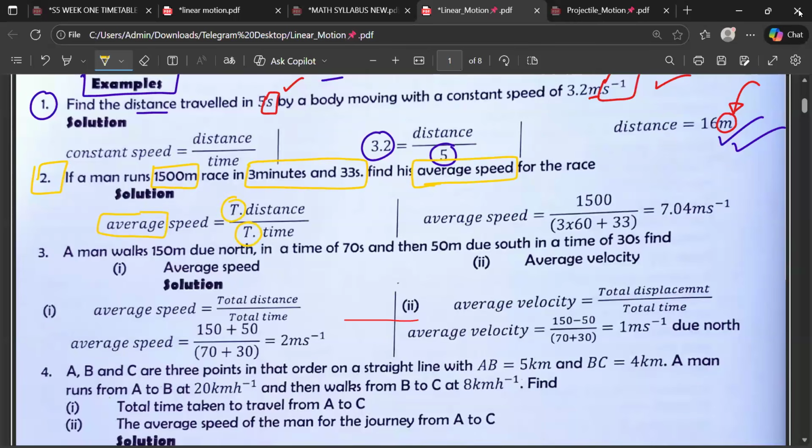I think you can see the total things being included because they asked for average. And I explained that. So, what was the distance? It was 1500 meters. What was the total time? 3 minutes. The 3 minutes were converted into seconds and the 3 seconds were also added. They used the calculator and came up with this final answer in meters per second.